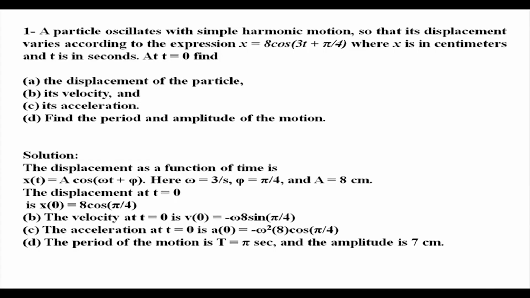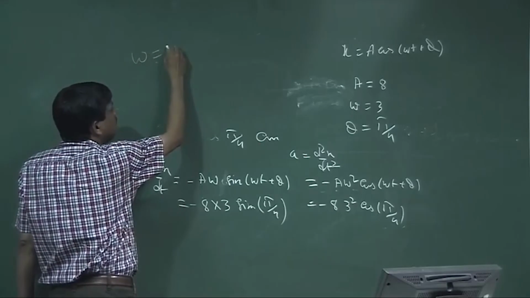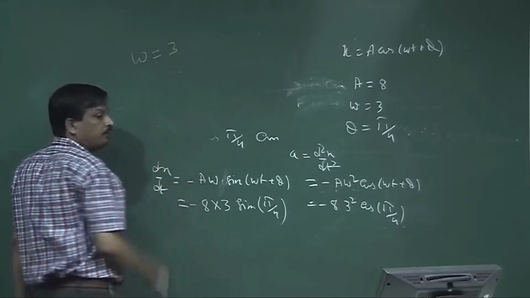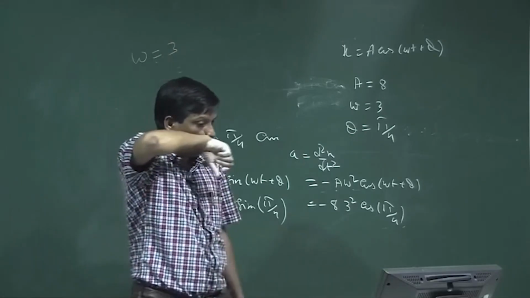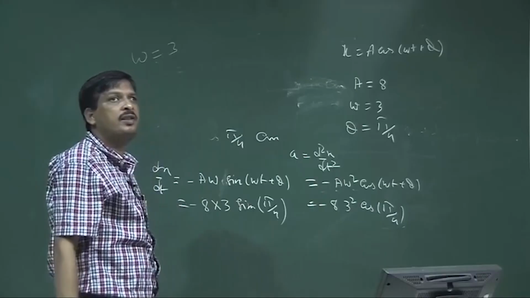Then, if I say find out the period and amplitude of the motion. What is the period of the motion? So, what is omega? It is nothing but 3.